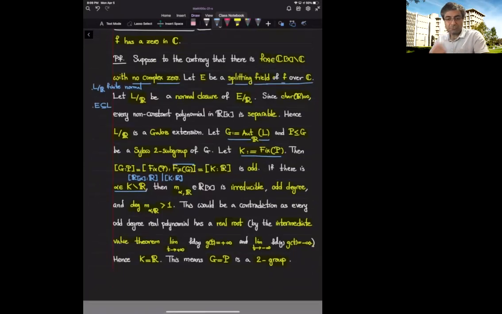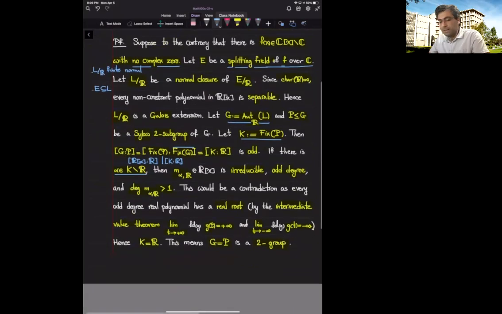Now, here is the main trick of the argument that you will soon see why it is relevant and how it can help us. Let P be a Sylow 2-subgroup of this group of symmetries. I know it is kind of all of a sudden and not clear why we are considering such a subgroup.